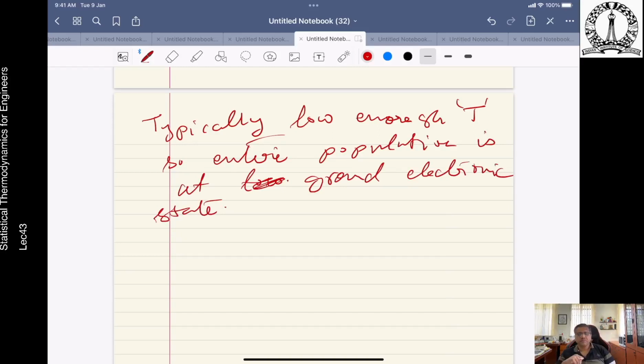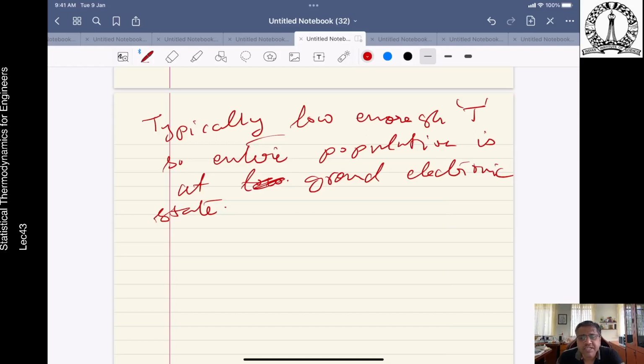For some unstable molecules it may be a little bit different. If we combine all of these things together, they constitute the semi-rigorous model for the partition function.